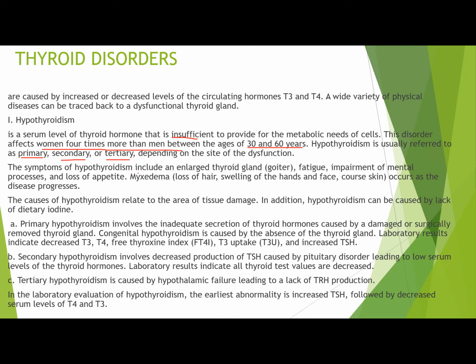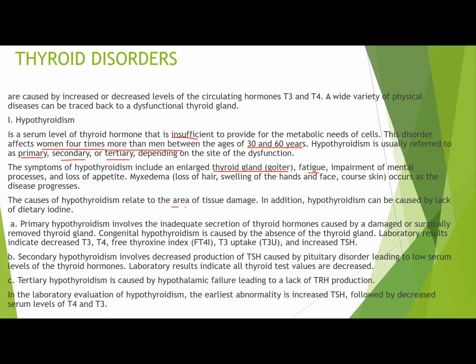So the symptoms of hypothyroidism class would include an enlarged thyroid gland known as your goiter, fatigue, impairment of mental processes, and loss of appetite, myxedema or the loss of hair, swelling of the hands and face, coarse skin occurs as the disease progresses. Now, the cause of hypothyroidism class would relate to the area of tissue damage.